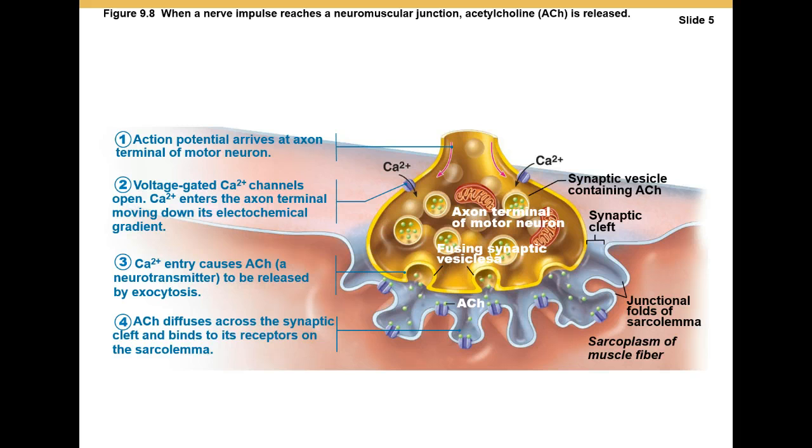The acetylcholine will diffuse from the axon terminal across the synaptic cleft and eventually will bind to receptors that are found on the sarcolemma, on those junctional folds of the sarcolemma. And those folds really just increase the surface area where you could find those acetylcholine receptors.